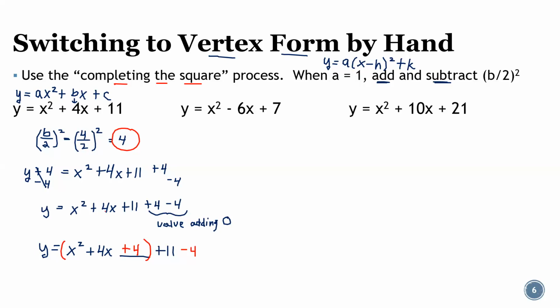And this is where the process is super helpful, because up here where I did the process, 4 divided by 2 is 2. And so showing my work up here, this 2 that is inside that parenthesis is the number that will allow me to factor.